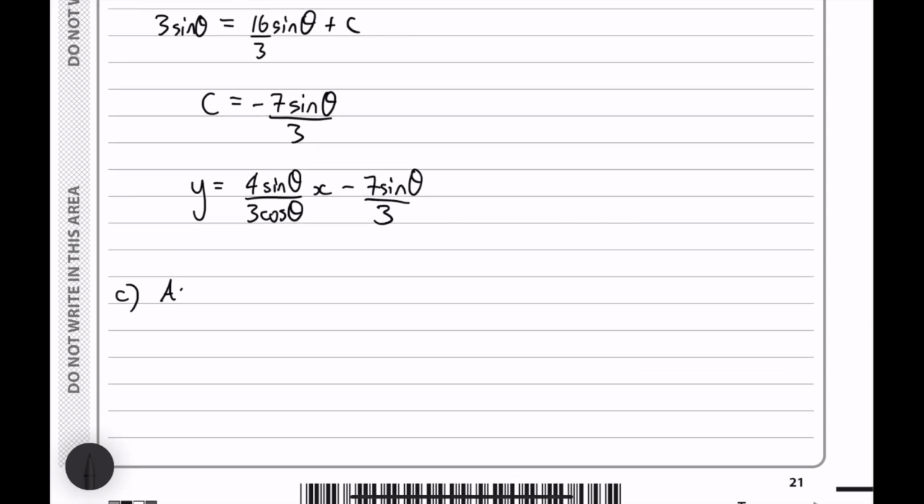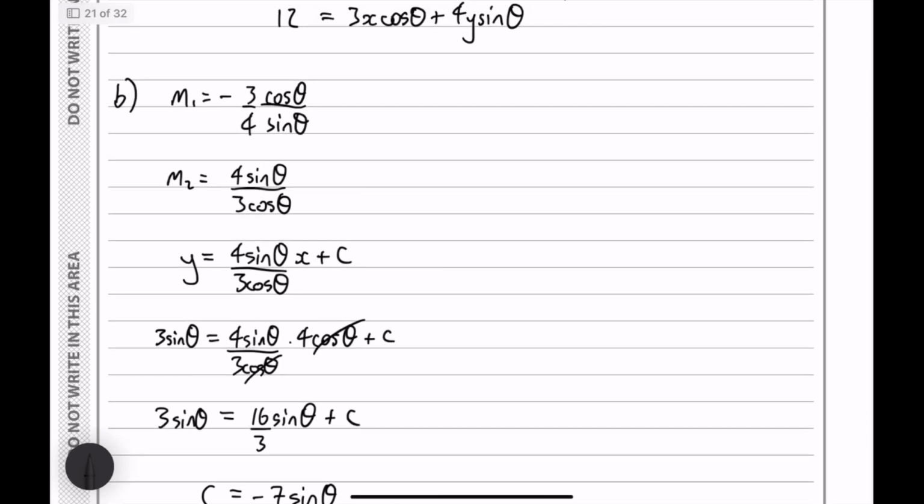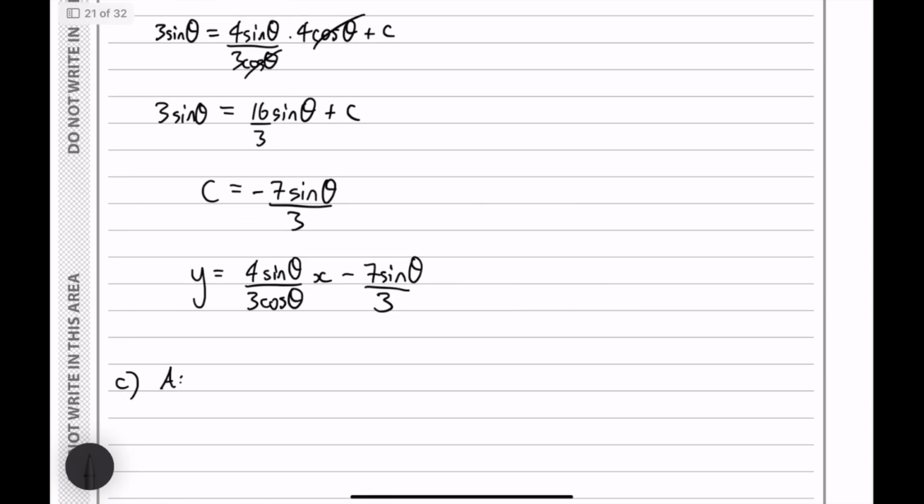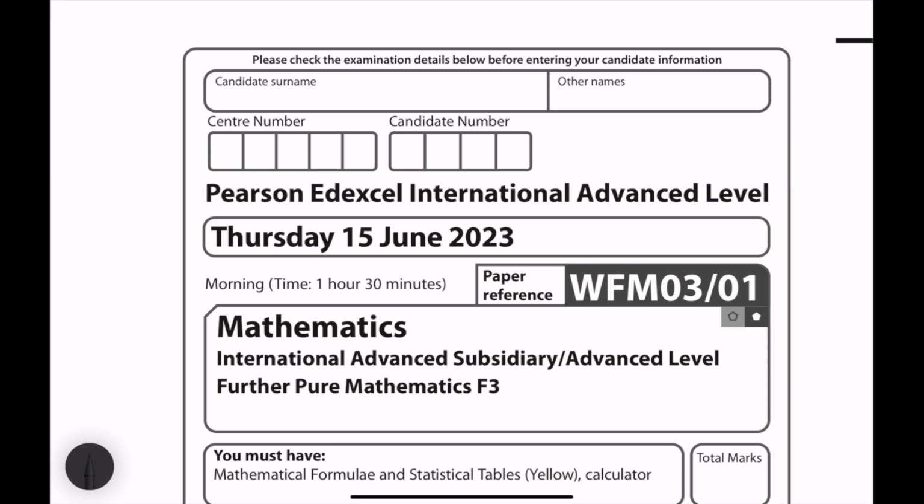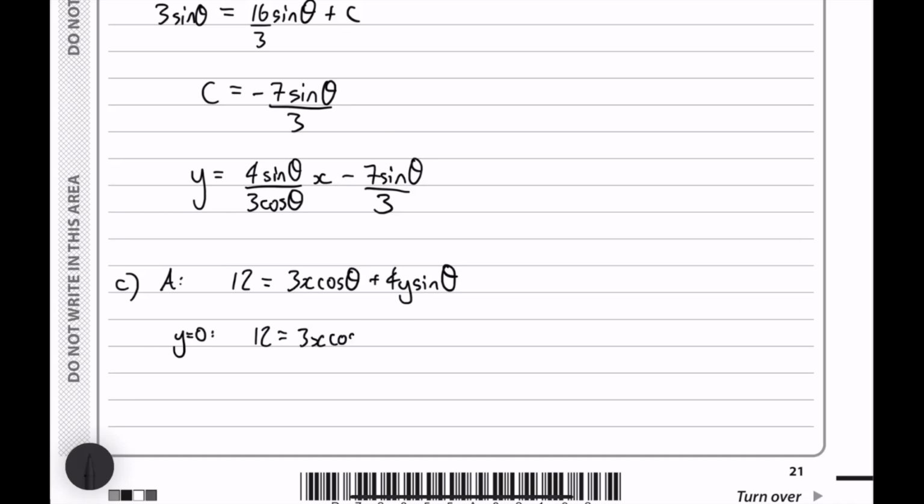So for point A, we want 12 equals 3x cos theta plus 4y sine theta. When y is equal to 0, that's where it meets the x-axis. 12 equals 3x cos theta, so x is equal to 4 over cos theta.